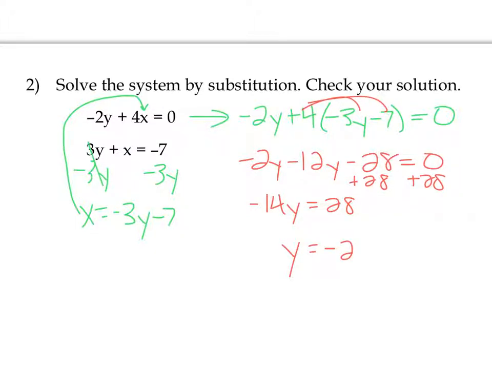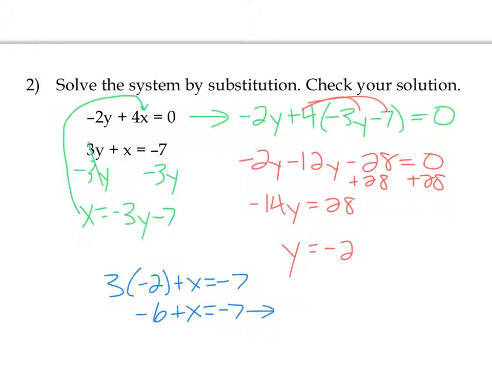Now I could take that and plug it into either of my two equations from the beginning. I can plug it in here or into this equation. It does not matter which equation we use. I'm going to take the second equation and substitute that value back in there. So I'm going to have 3 times negative 2 plus x equals negative 7. That's negative 6 plus x equals negative 7.